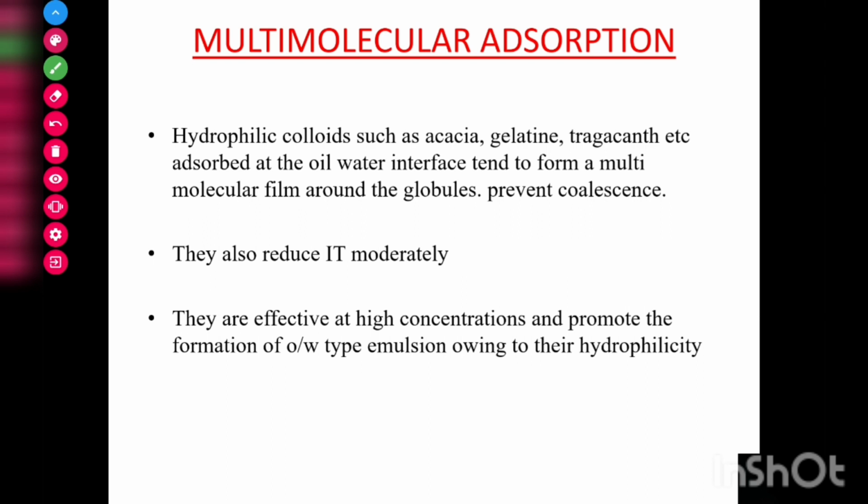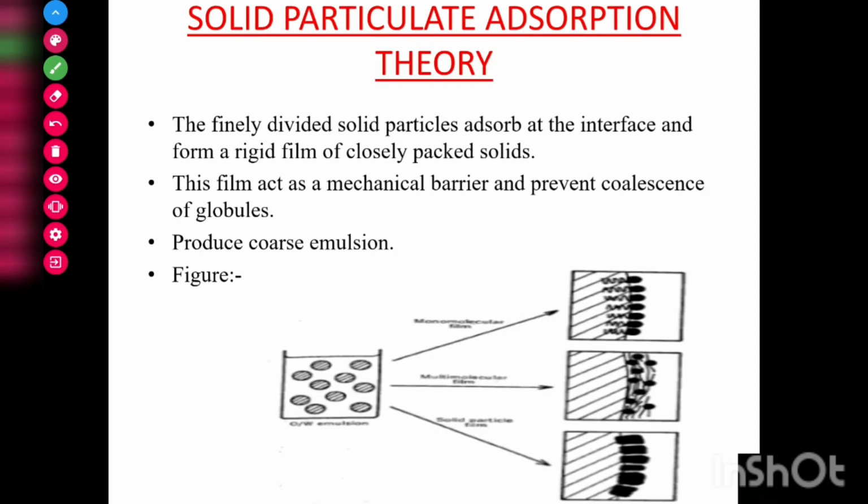This multimolecular film prevents coalescence. These agents also reduce interfacial tension moderately. Hydrophilic colloids are effective at high concentrations and promote the formation of oil in water type emulsion because of their high hydrophilicity. And the next theory is solid particulate adsorption theory.